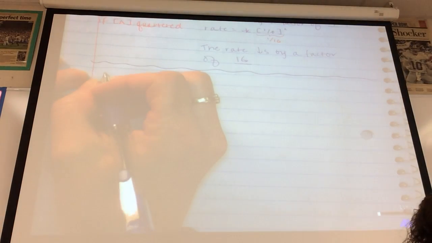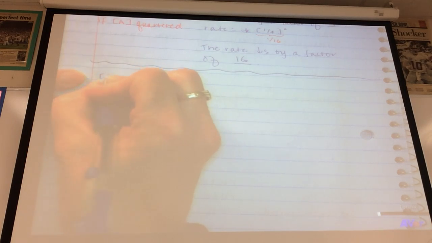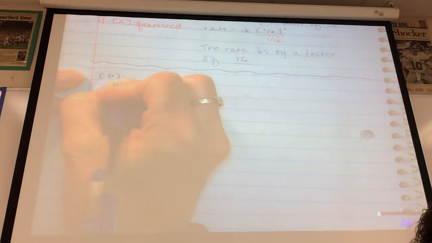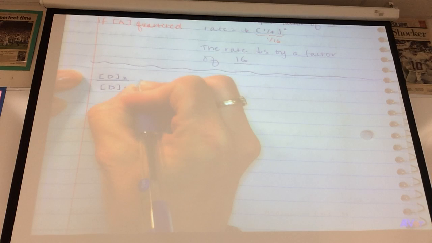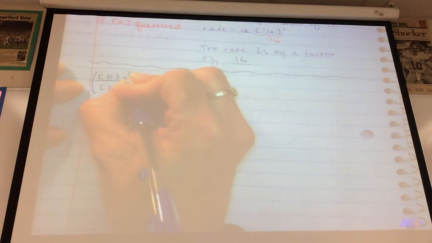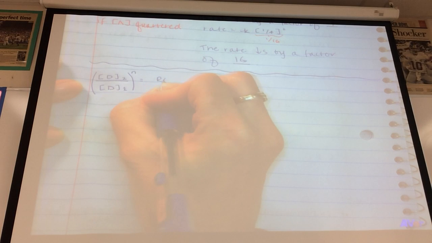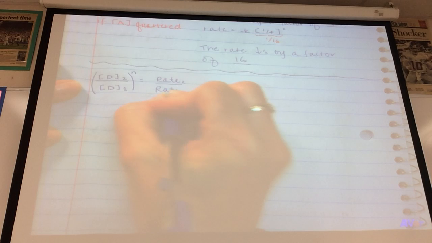So to figure out the order with respect to D here, I'm going to have the concentration of D in experiment 2 over the concentration of D in experiment 1. I'm putting the concentration of D in experiment 2 in the numerator because the quantity is larger. And that's going to be raised to the n. And I'm going to set that equal to rate 2 over rate 1.